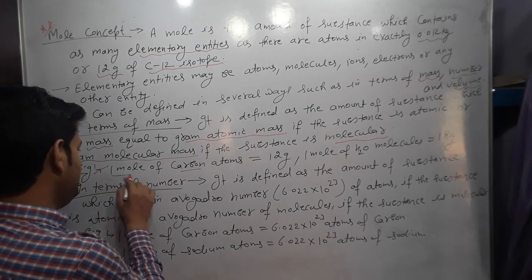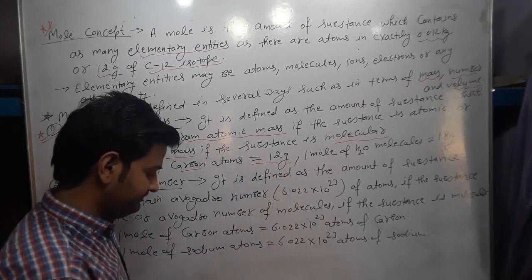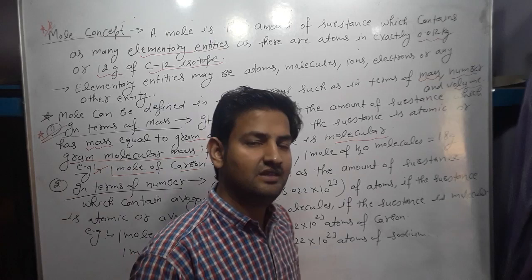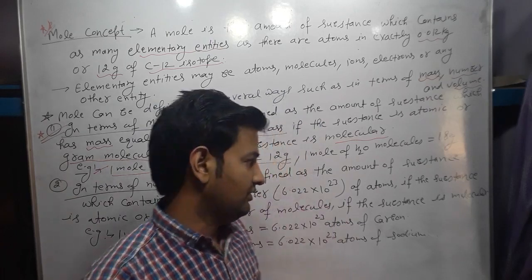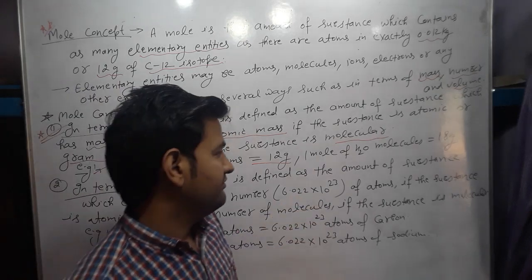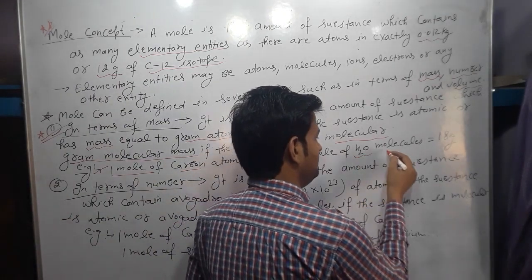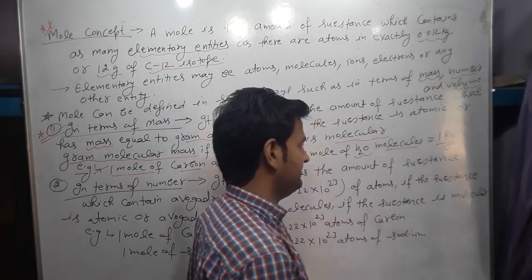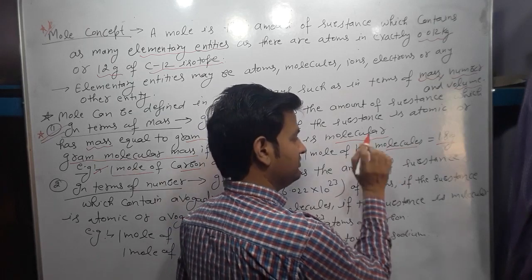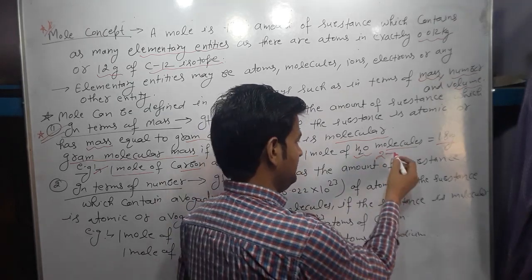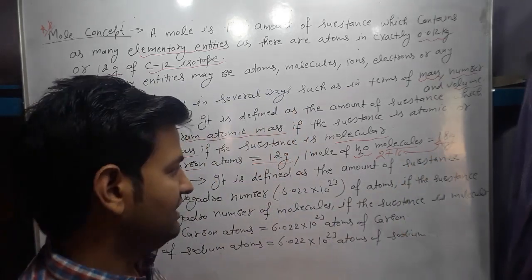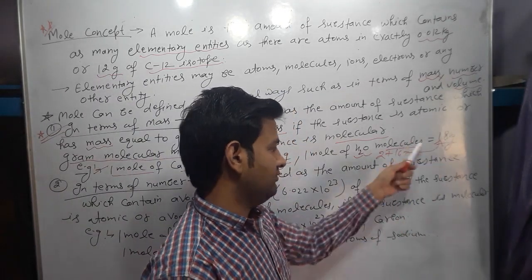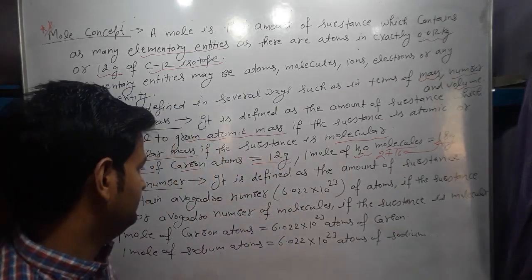So we can say that molecular mass or atomic mass is simply the mass of 1 mole of atoms or 1 mole of molecules. Second example, 1 mole of water molecules. Water is a molecule, so its mass is 18 gram: 2 for the hydrogen because there are 2 atoms of hydrogen, and 1 atom of oxygen, 16, so it comes out to be 18. So 18 gram is the mass of 1 mole of water molecules.